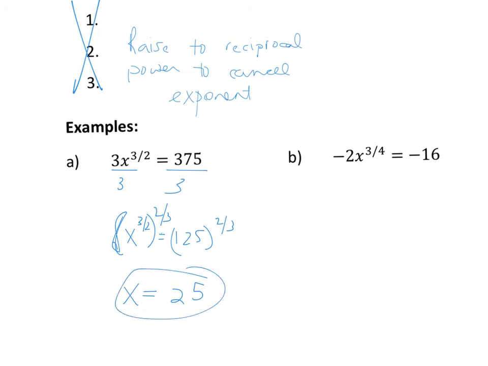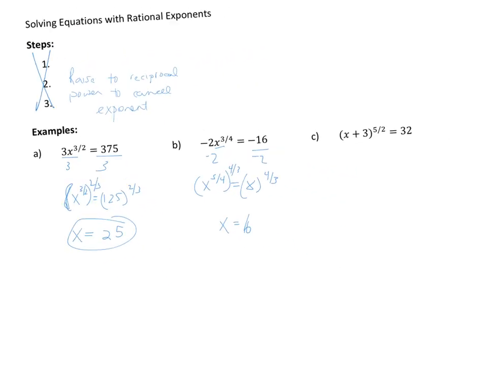No plus or minus because we took an odd root. Here we would divide by negative 2, and raise to the 4/3 power, which equals 16. So we just get that x by itself and then raise it to the reciprocal power.